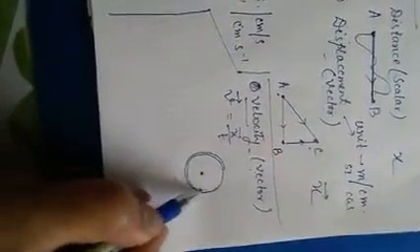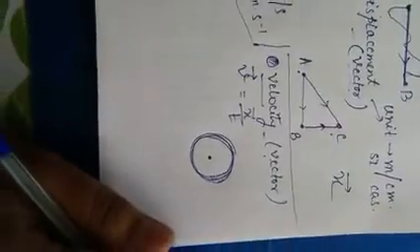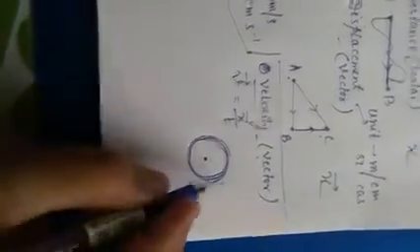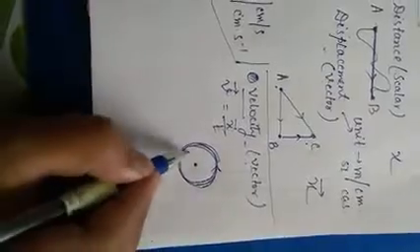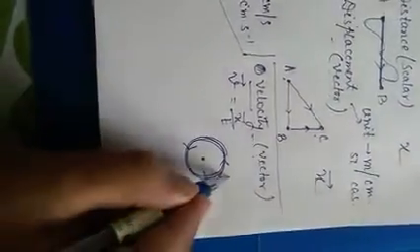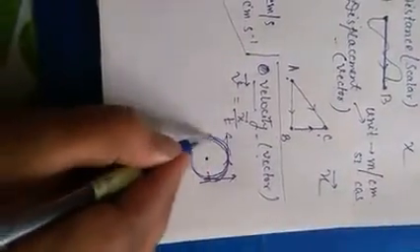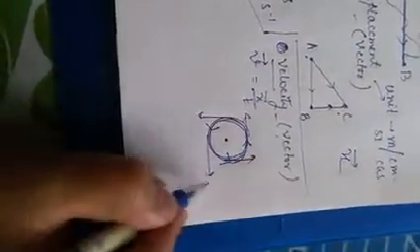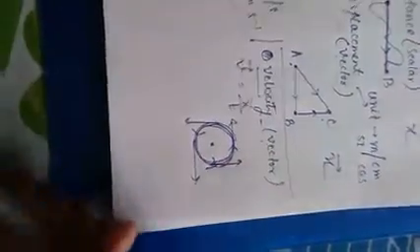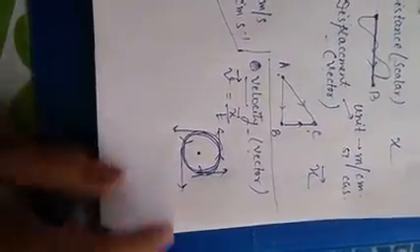Okay, let me give an example. Suppose an object is moving in a circular path. Let's say the speed is the same, but the velocity every moment is different. Why is the velocity different? Because it is changing its direction every moment.